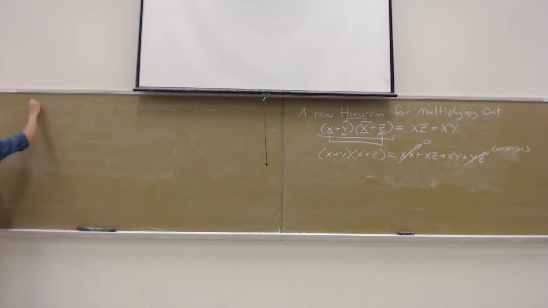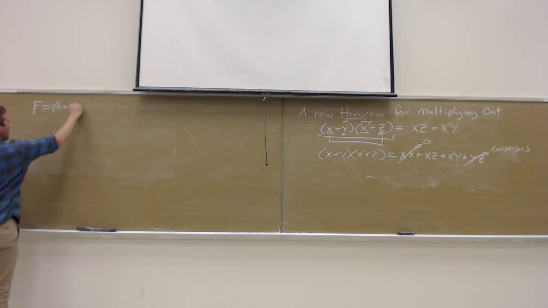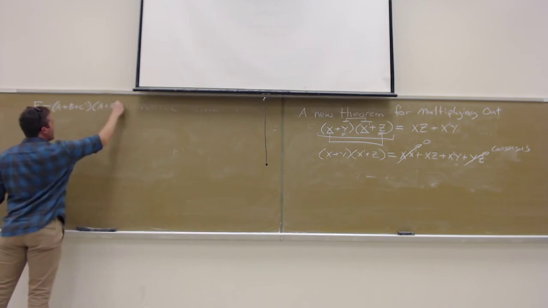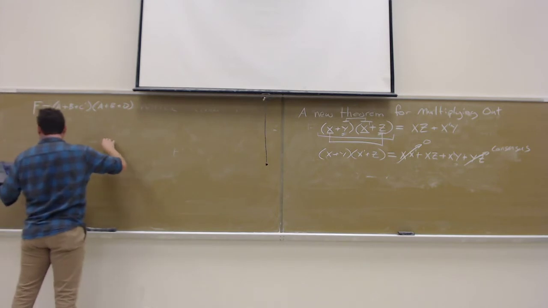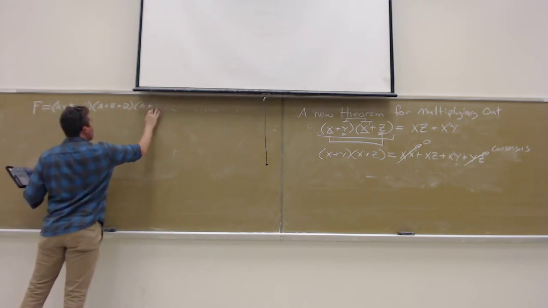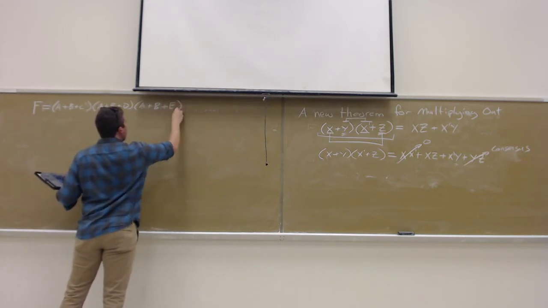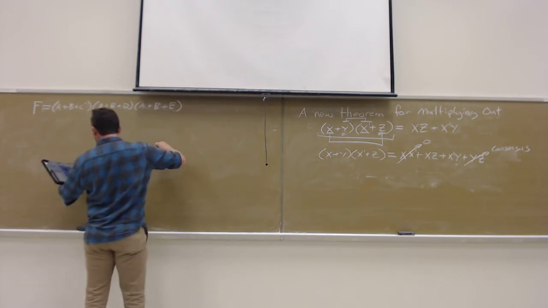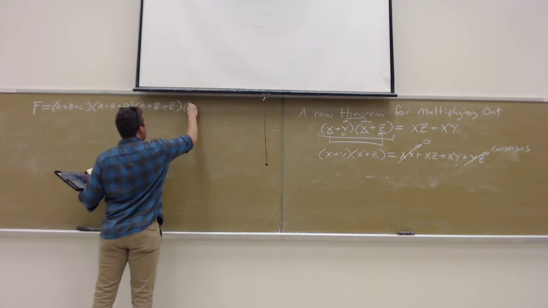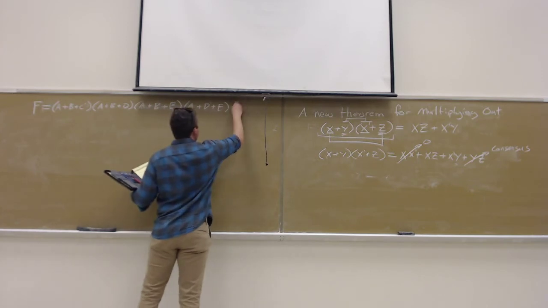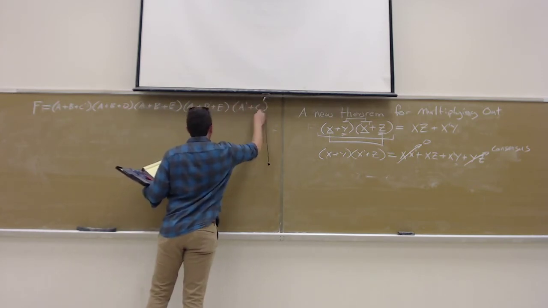Let's say that f is equal to, bear with me, A or B or C prime, and A or B or D, and A or B or E, and it keeps going and going. A or D naught or E, and A naught or C.